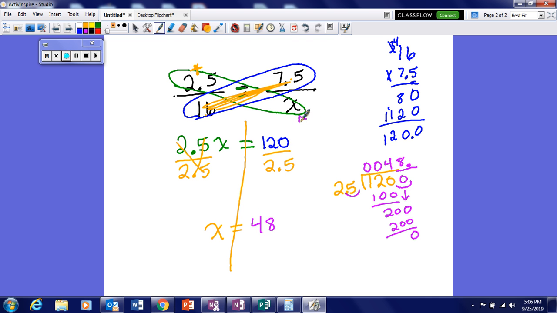That means, and push pause if you're not done, x equals 48.